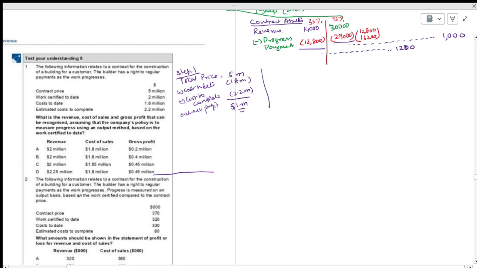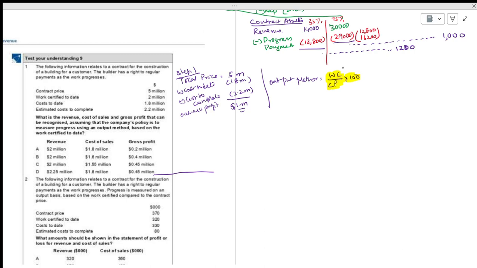Next, progress. Output method. The output method is nothing but work certified divided by contract price, times 100. You can use this one. How much is the work certified?